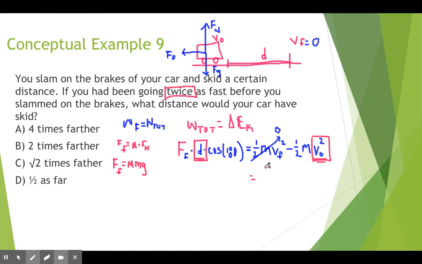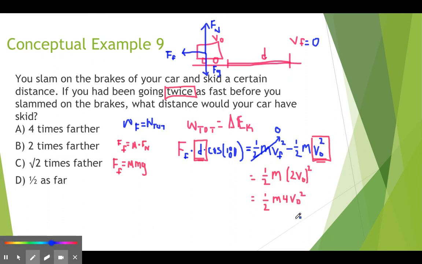So if our velocity is doubled, we have 1/2 times the mass times 2 times the initial velocity squared, which is (1/2) times mass, 2 squared is 4, times v initial squared.